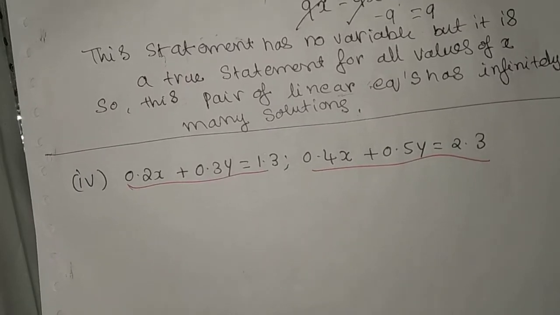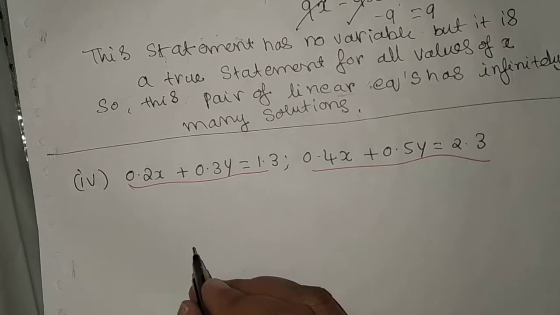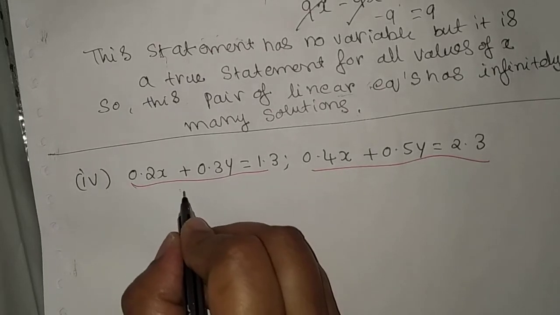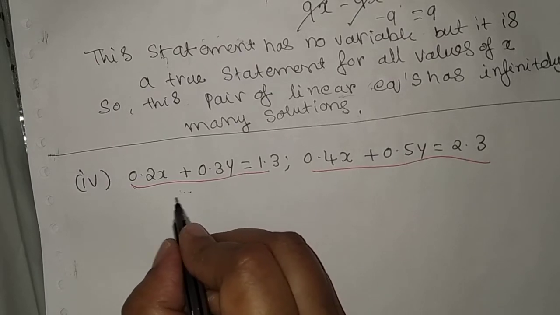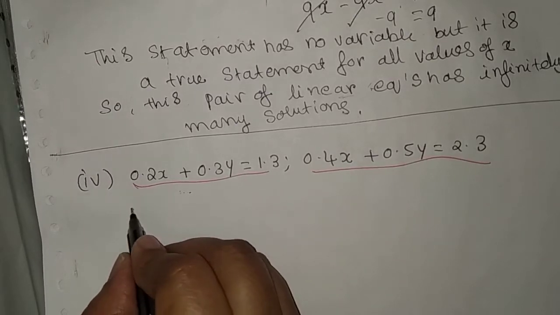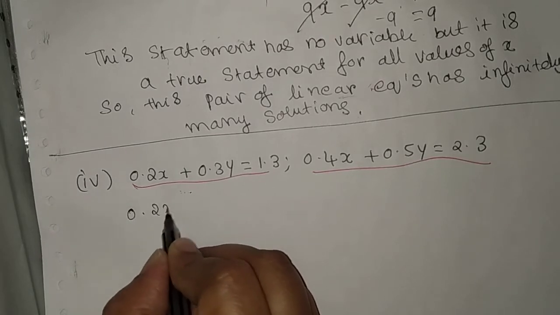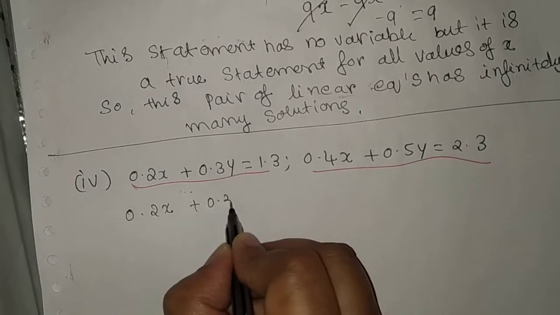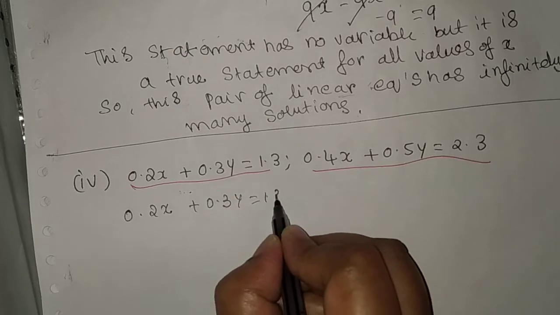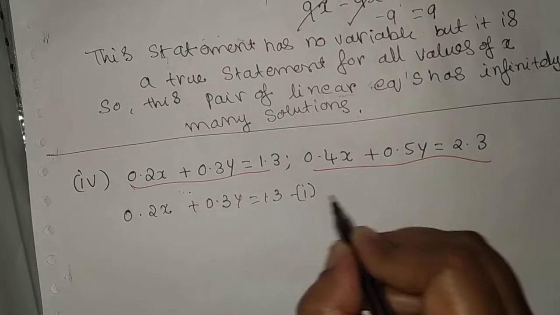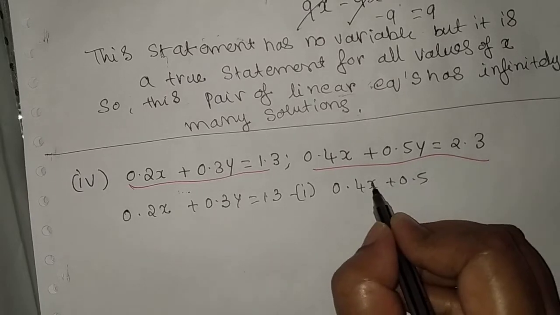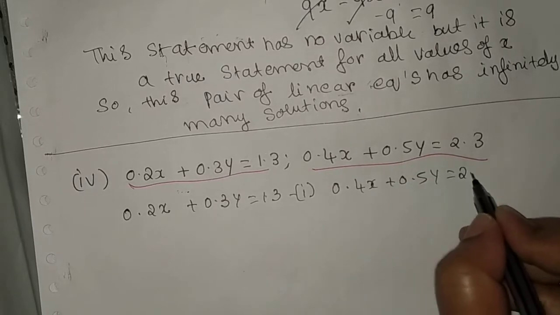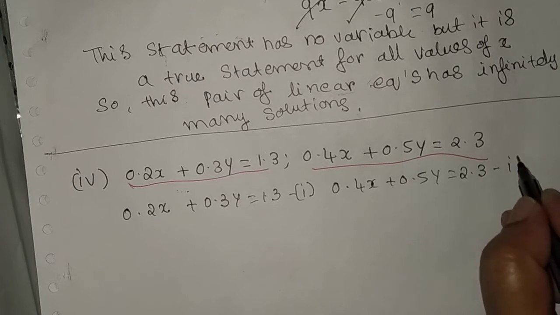The fourth one is a decimal problem, the equations are given in decimal form. So first we have to convert into integer form. Take the equations 2x plus 3y is equal to 1.3, this is my equation 1, then 0.4x plus 0.5y is equal to 2.3, equation 2.